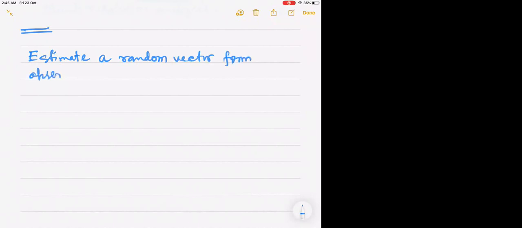So in a nutshell, the problem is like this. We would like to estimate a random vector from observation of n random vectors.